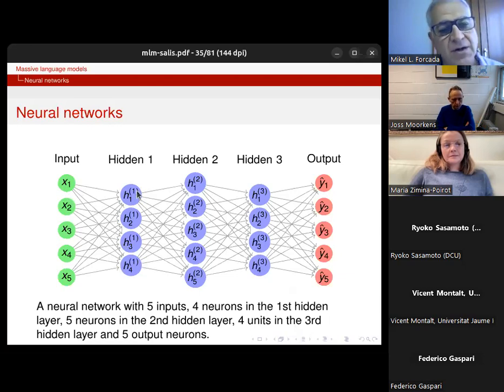Neurons in the first hidden layer only stimulate neurons in the second hidden layer, and those in the second hidden layer do that with the third hidden layer, until there's a last layer of output neurons that are stimulated by the last hidden layer. So as you see, signals are processed in stages. You input the signals here and you get an output here, but it's done in stages that happen in one fell swoop.